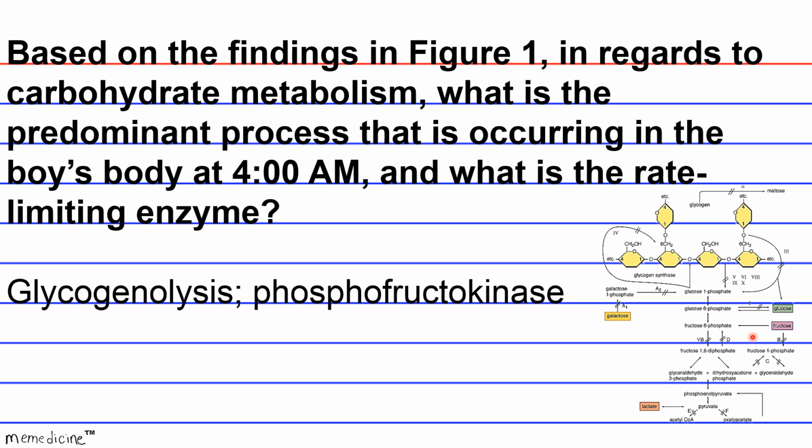So fructose 6-phosphate plus ATP is going to yield fructose 1,6-bisphosphate and an additional ADP, after the phosphate is lost from ATP. ATP stands for adenosine triphosphate, whereas ADP stands for adenosine diphosphate, okay?